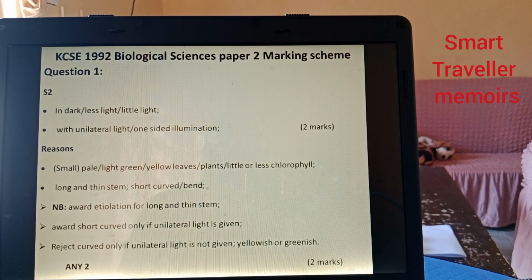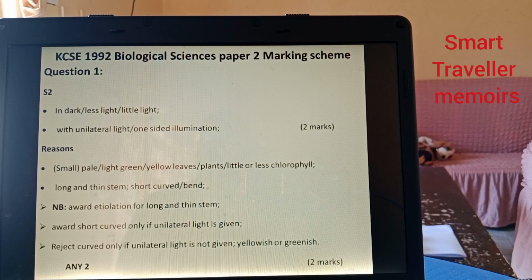The reason is that it has small pale or light green or yellow leaves or plants, or little or less chlorophyll. Number 2, it has a long and thin stem. It has a short curved bed.